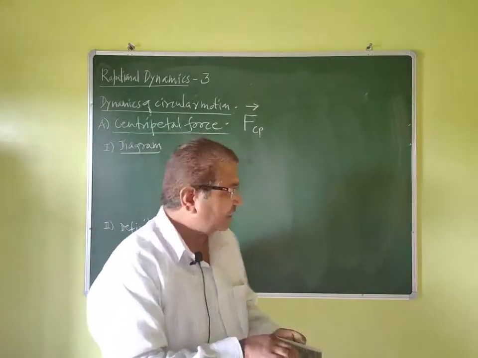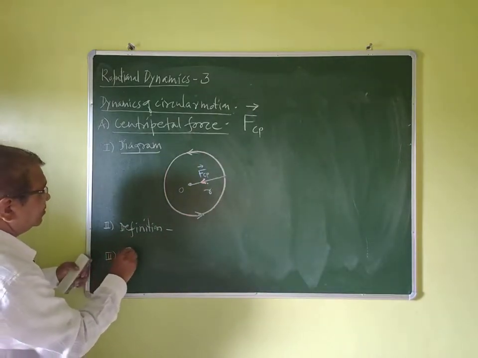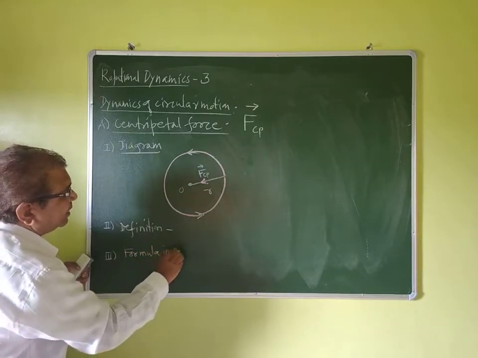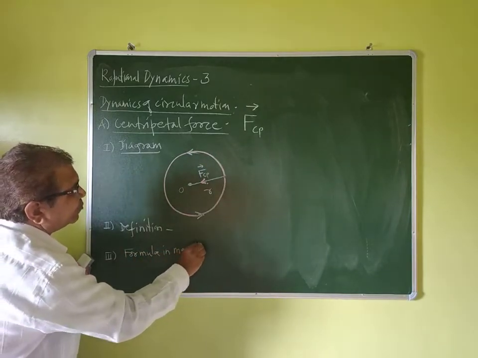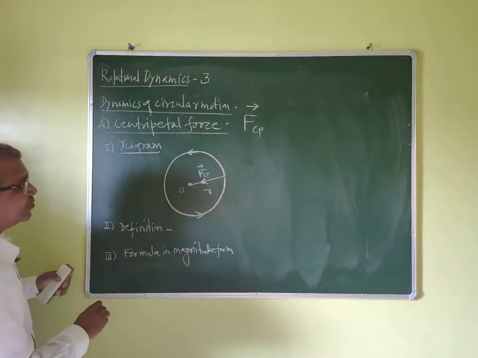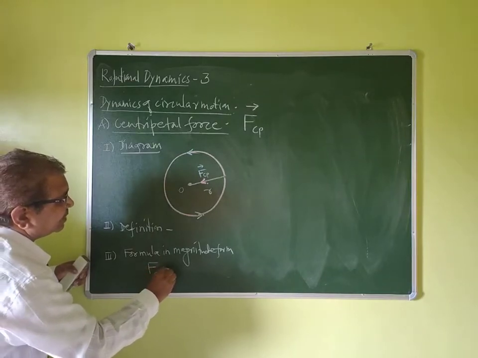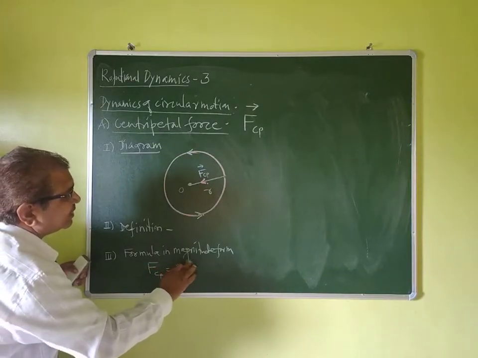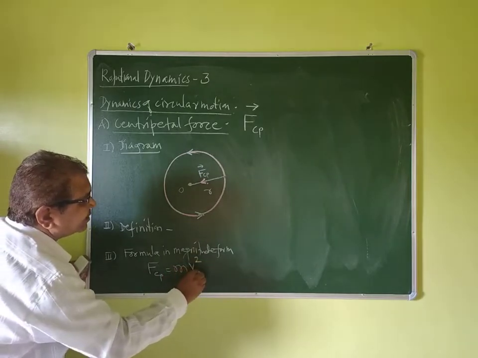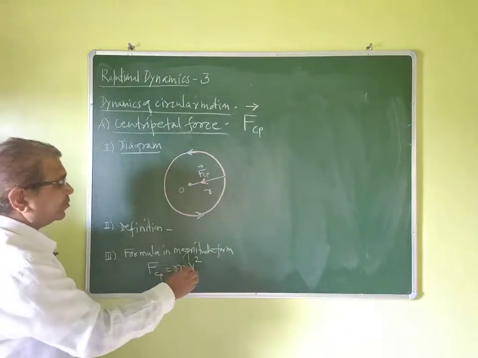Okay, then the third point is formula, in magnitude form. So what is the formula in magnitude form? We can write F_cp is equal to mass into acceleration, mass into centripetal acceleration, so mv square upon r.